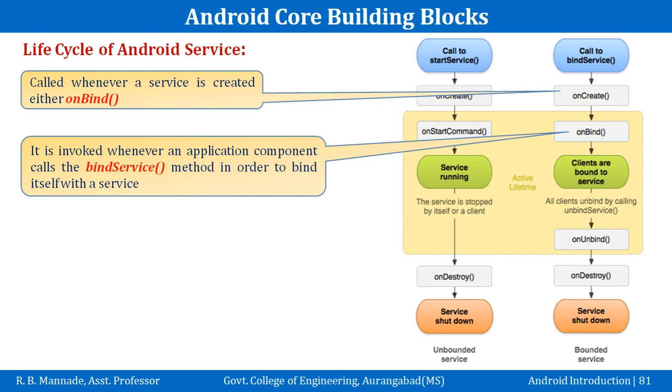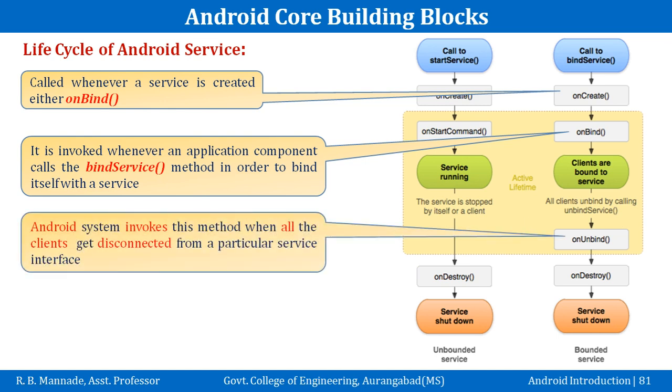And this particular service will be bound to the clients as long as all the clients do not unbind by calling the method called unbindService. Okay, and this unbind method is called by the Android system when all clients get disconnected from the particular service interface.